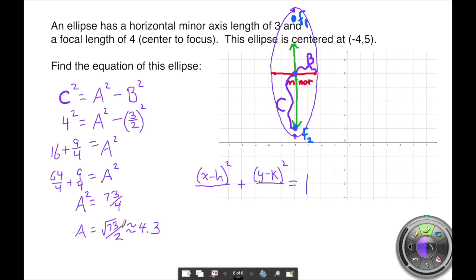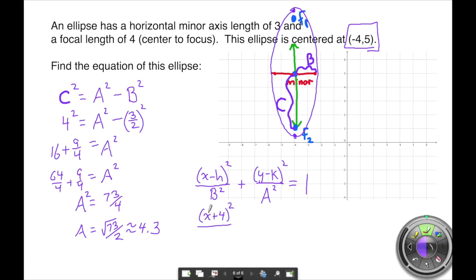Now, in this case, since the a is the bigger number and it's going vertically, it has to go underneath y. So this is going to be your a squared. Therefore, this one is going to be b squared. So to plug in all the information, we now get x minus, back to our center here, of negative 4, 5. So it would be x minus a negative 4, so that would be x plus 4 all squared.